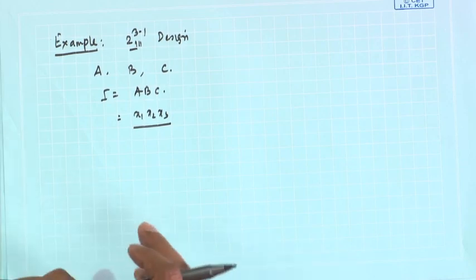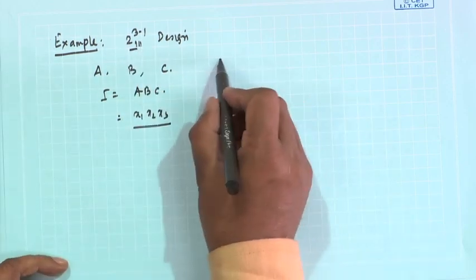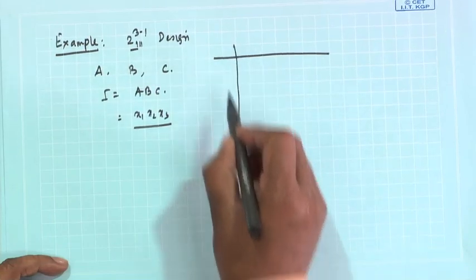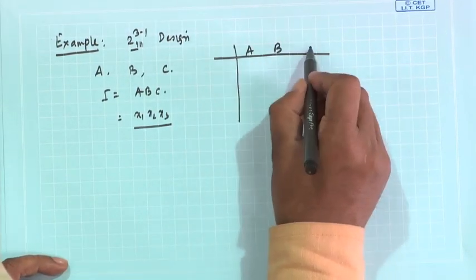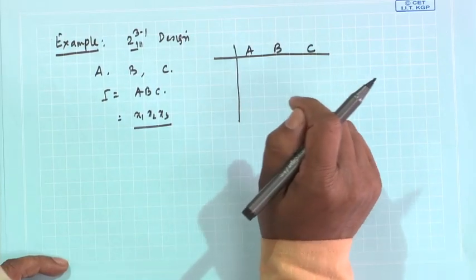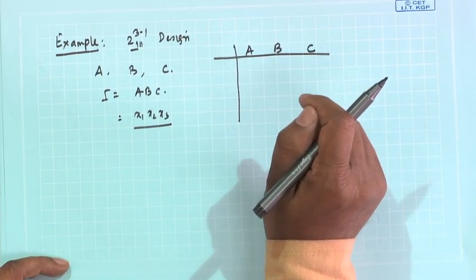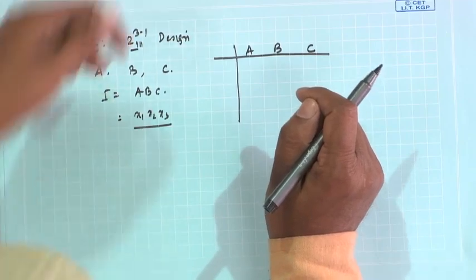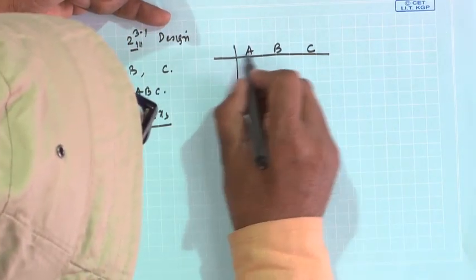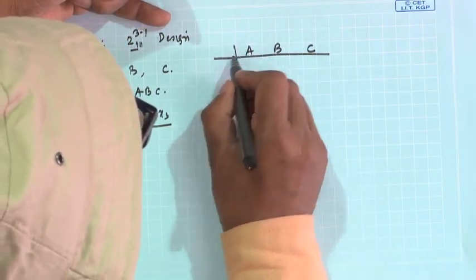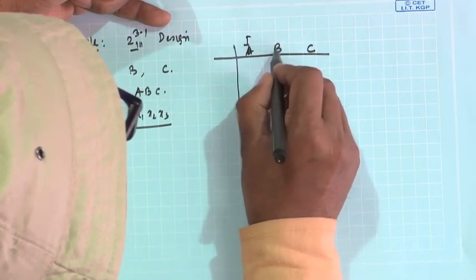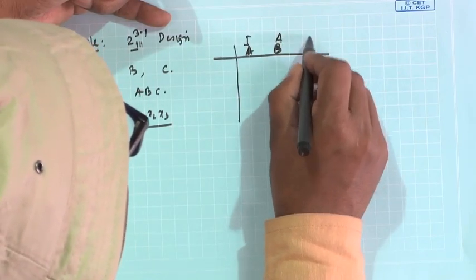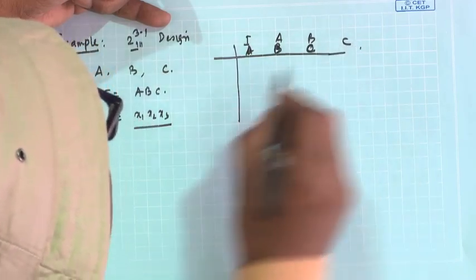Under this situation, what is the design matrix? It is the 2 to the power 2 full factorial in A and B, and there will also be I. So, I will write here I, A, B and C.